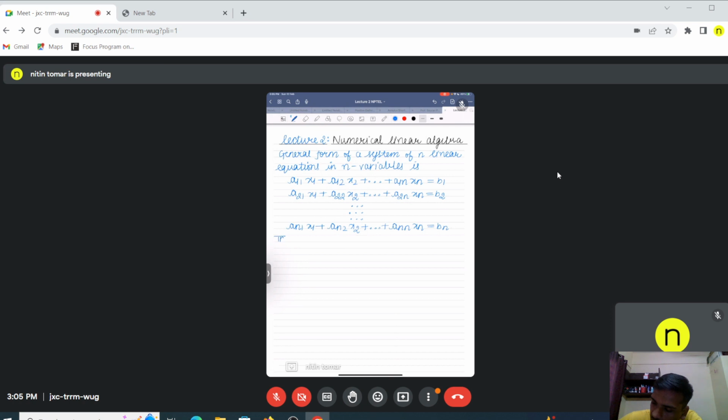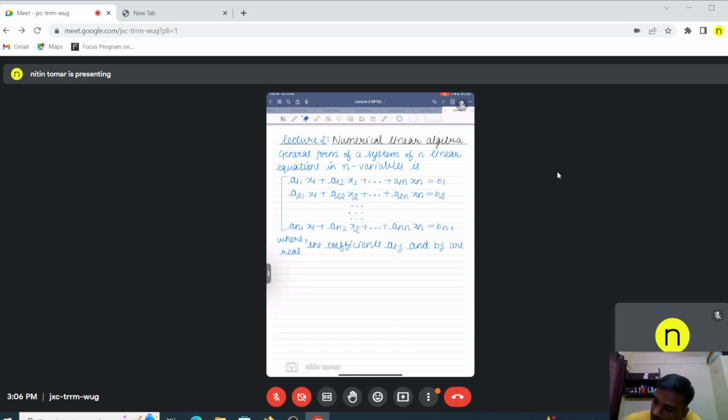And we'll assume throughout the session that, let me write it like this, the coefficients aij and bj's are real. Okay, so these are the real parameters.